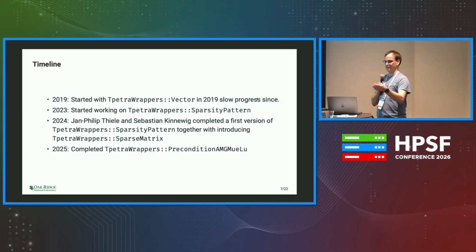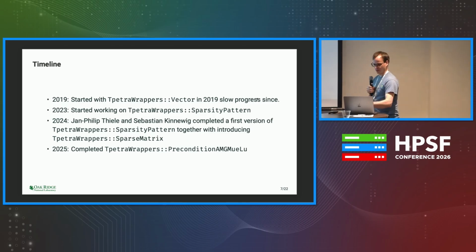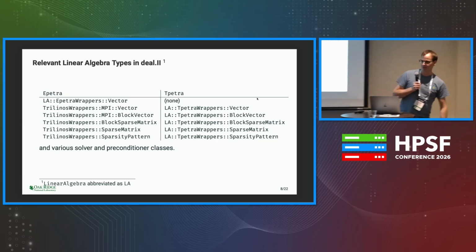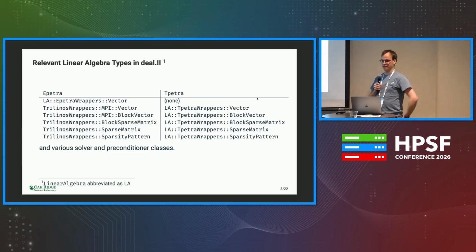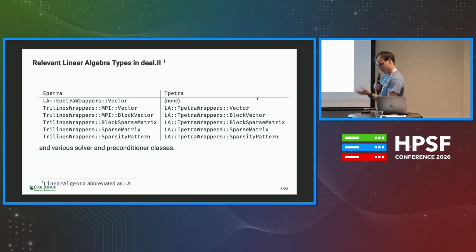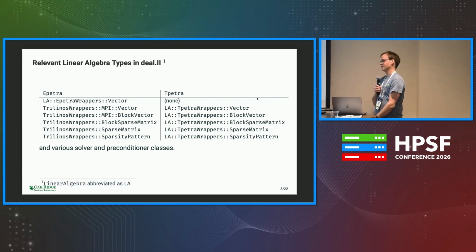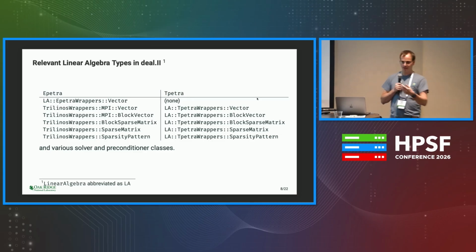And as you see here, everything is in the TpetraWrappers namespace, and that's a little bit different from what we are currently doing. Users are used to having TrilinosWrappers. So if you enable Trilinos as a dependency, you expect you can use TrilinosWrappers.